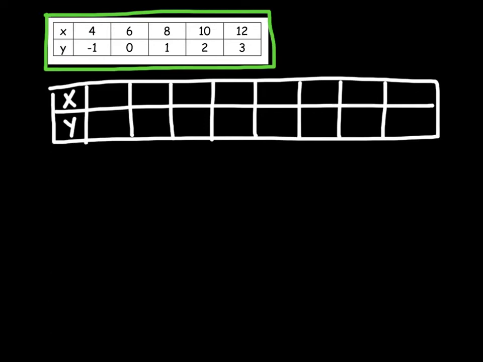So our table starts at 4. So we know 4, -1, 6, 0, 8, 1, 10, 2, and 12, 3. So if I move back 1, this would give me 2, and I move back 2 more, and this would be at 0, which is really what I want to see.